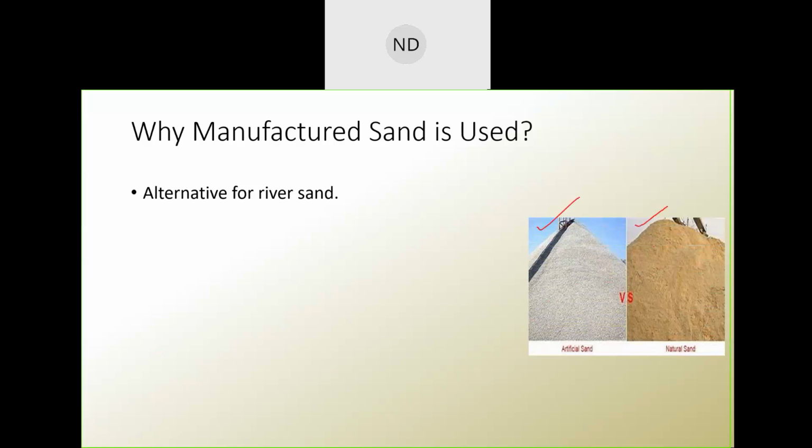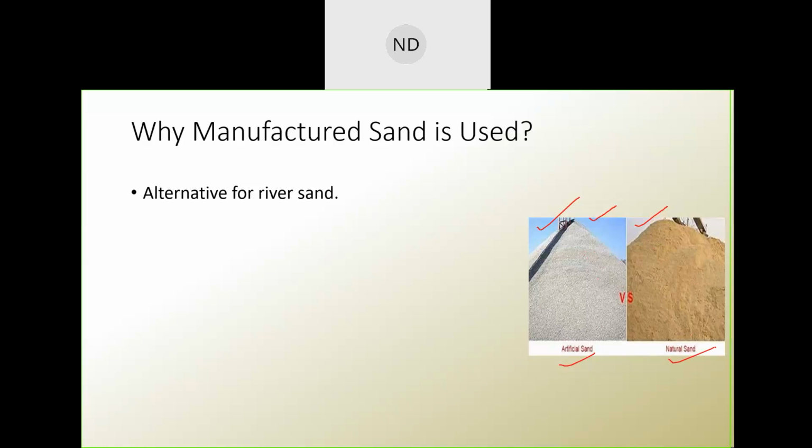Natural sand is orangish in color, but this is gray. Why? Because when the granite stone is crushed, this artificial sand is formed, which is your M sand, the manufactured sand. It is a good alternative to your natural sand.